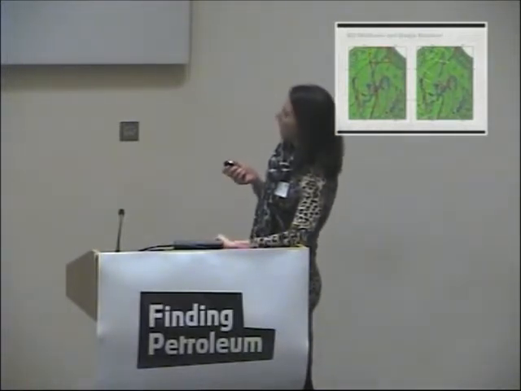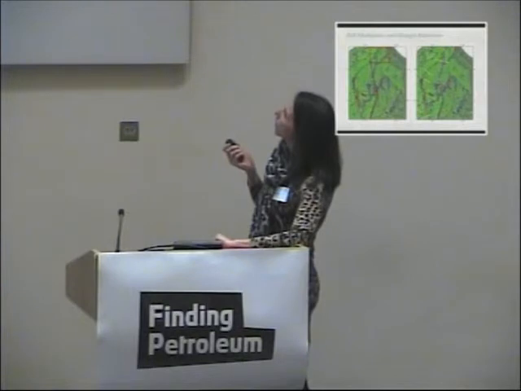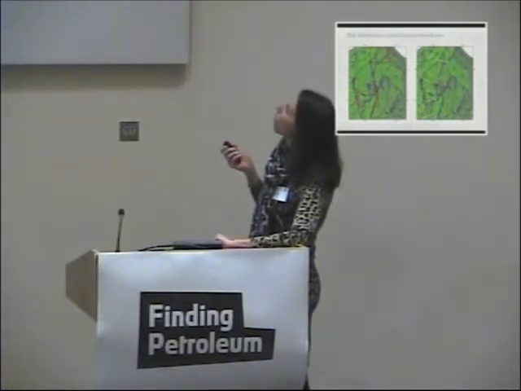To investigate that a little bit further, we designed a suite of 2D profiles, so I'm just going to highlight this profile up here, which is across that section of the margin in here. We wanted to get a handle on what the nature of this series of marginal gravity lows and highs was.